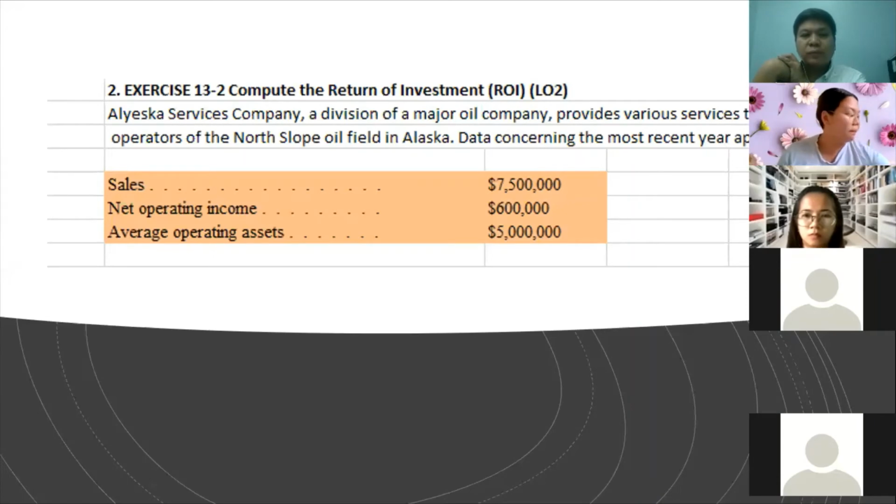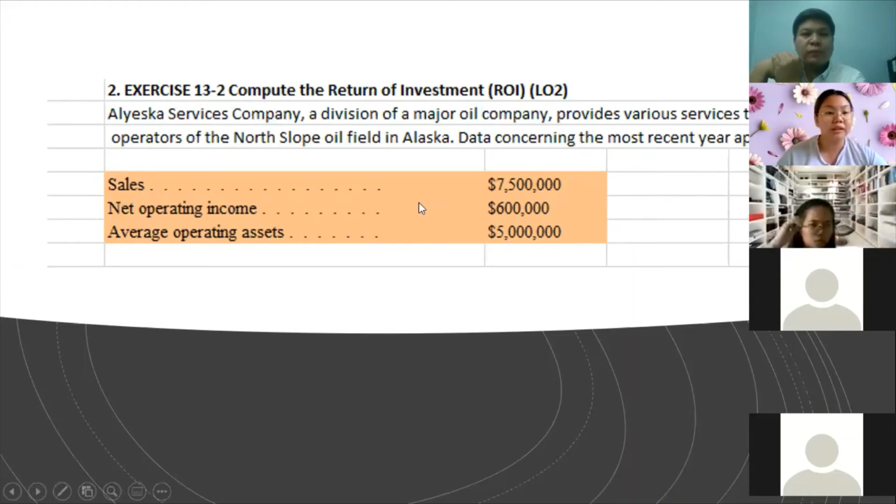So here it is. For exercise number 2, 13-2, compute the return on investment. Alyeska Service Company, a division of a major oil company, provides various services to the operators of the North Slope oil field in Alaska. Data concerning the most recent year appear below.